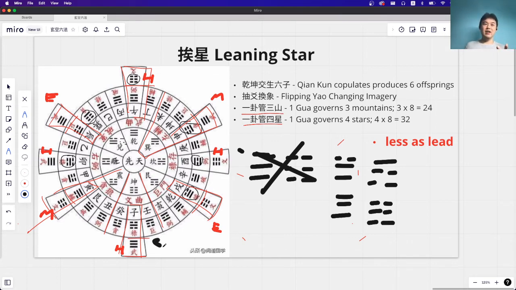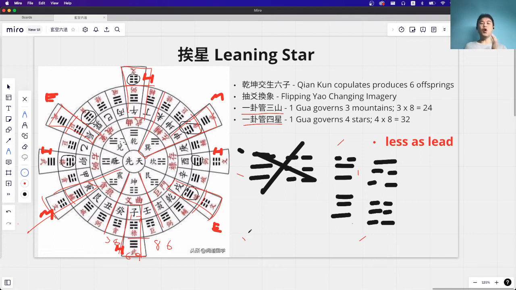So Gen is 8, but if it's early heaven, Gen will be 6. Qian is 1 in later heaven, but if early heaven, Qian will be 7. For example, Qian is 6 in later heaven, but in early heaven, this is 9. In this one, Zhen is 3, but in early heaven, this is actually 8.